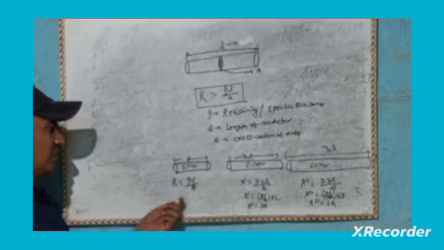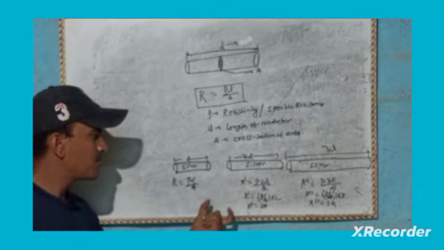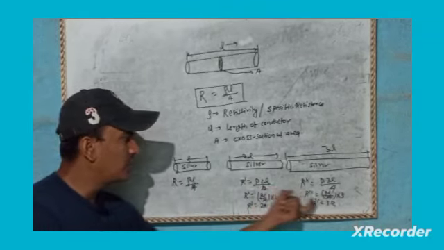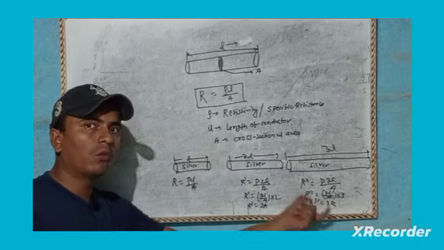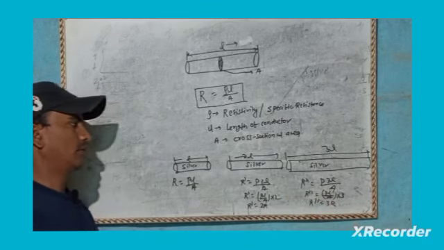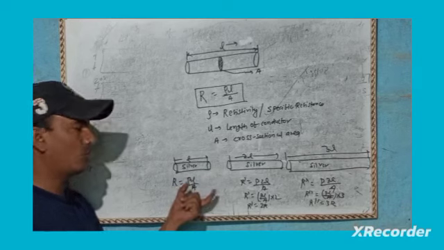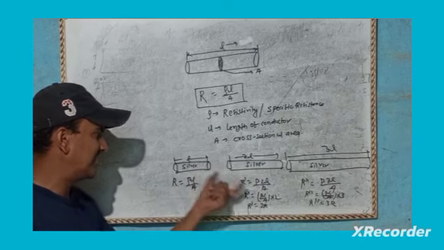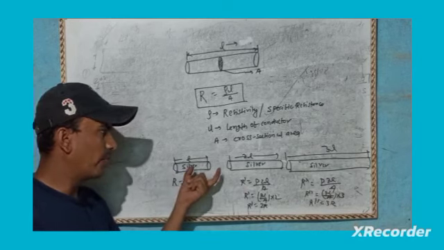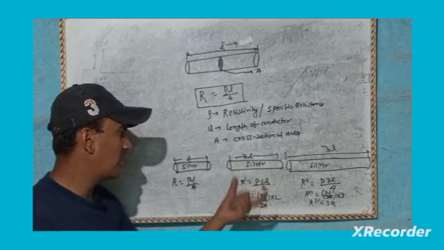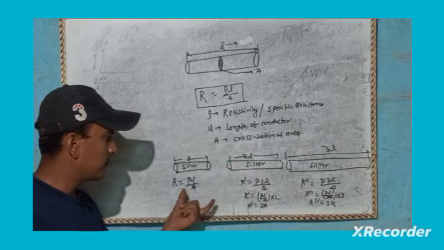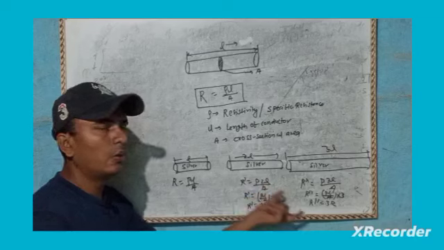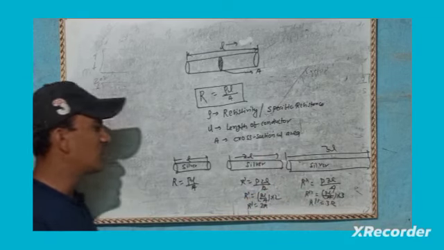Here you observe that when the length of the material or conductor increases, the resistance value also increases.